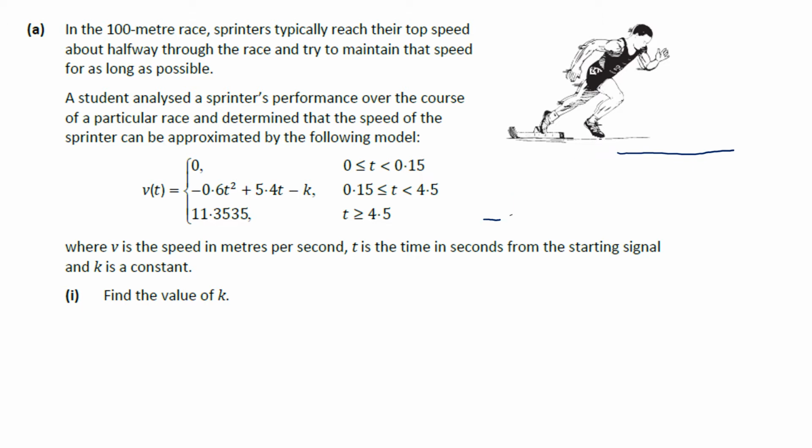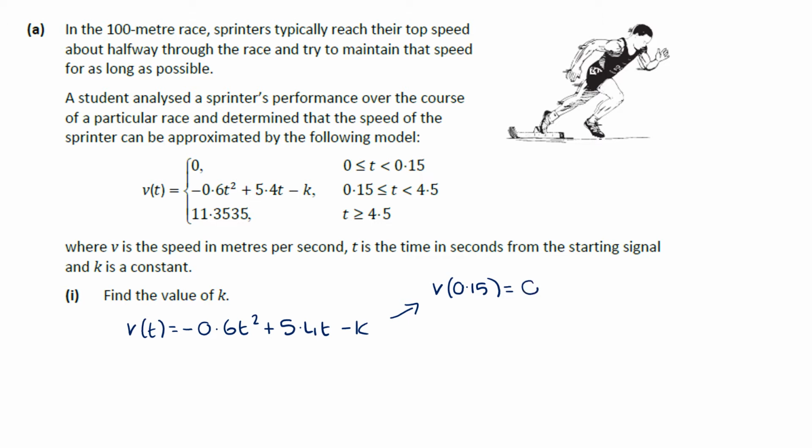So there's two different things we know with the function that has k. So let's just take the function v of t, and I'm literally just taking the middle bit because that's the bit that has the k. And there's two different ways to work this. So the first way is v of 0.15. So when you sub in time is equal to 0.15, so the very start of that, then that should be equal to 0.